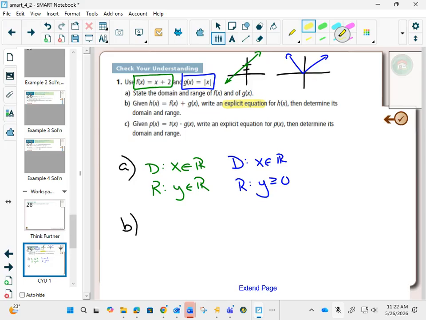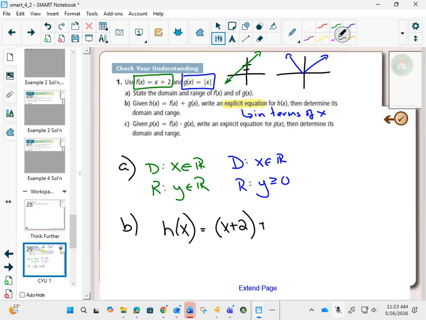It just means in terms of x. So what we do for the explicit equation here is we say h of x, instead of writing the function notation f of x, we write x plus 2 for f of x, and we write the absolute value of x for g of x. This would be an explicit equation.